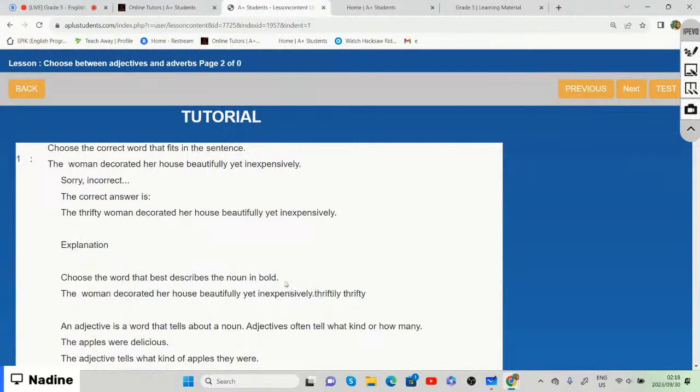So what type of woman do we say? It's a thrifty woman or thriftily woman? We need to describe the noun. Thrifty woman or thriftily woman.